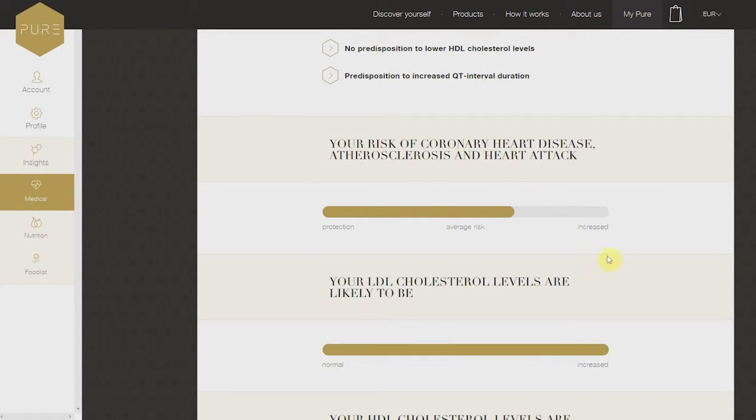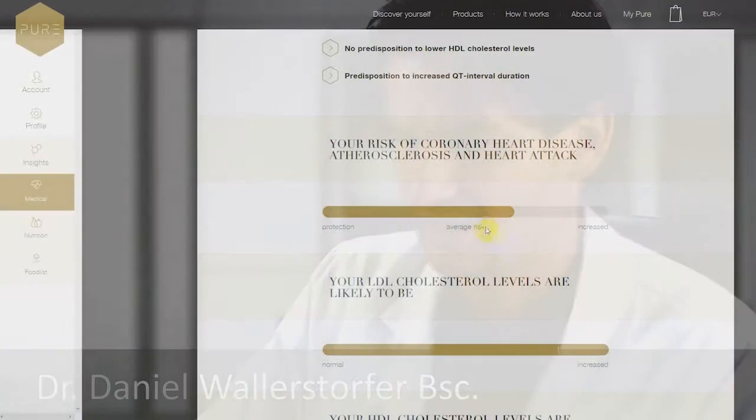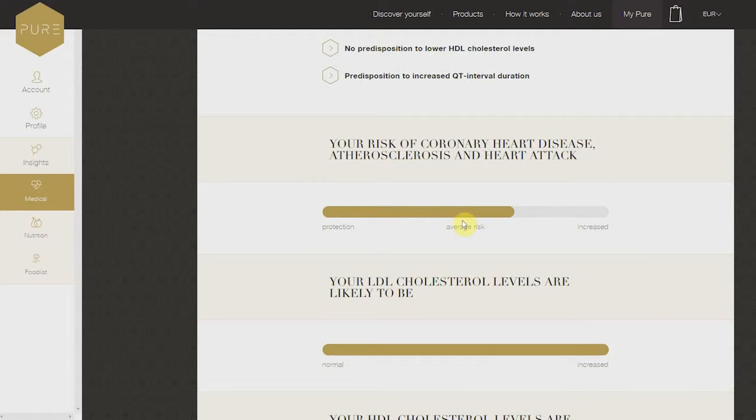So you will find a number of bars, and each bar will tell you your relative risk in this area. So for example, the first question, your risk of coronary heart disease, atherosclerosis and heart attack. So essentially all of the cardiovascular diseases together might be average risk if your bar ends right in the middle. Average means the same risk as the whole population.